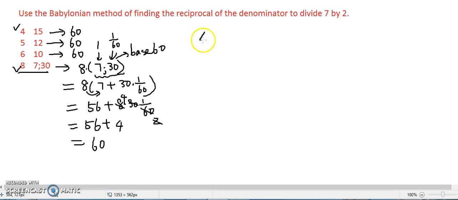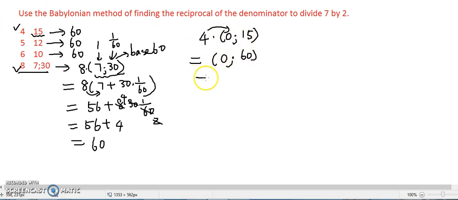So 4, if I consider this as sort of the decimal, 4 times 0; 15. 4 times 0 is 0, and 4 times 15 is 60, because we already checked each pair will multiply to get 60.